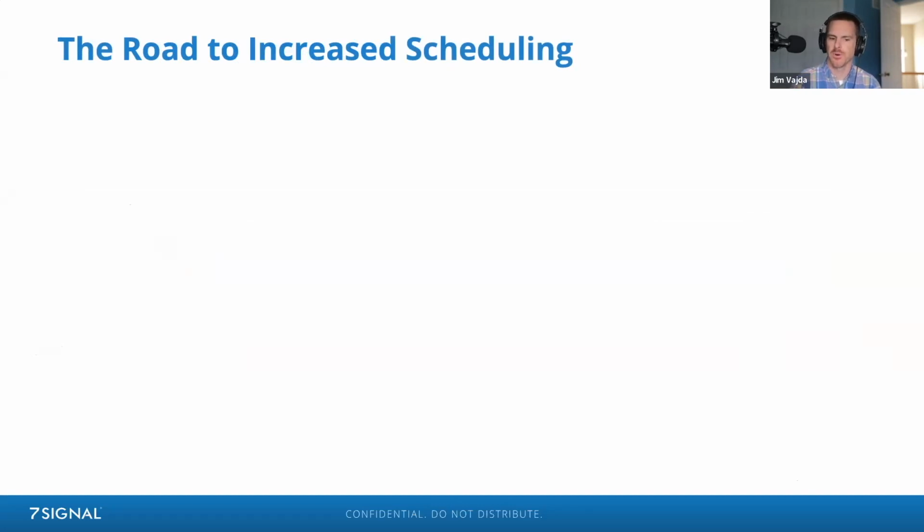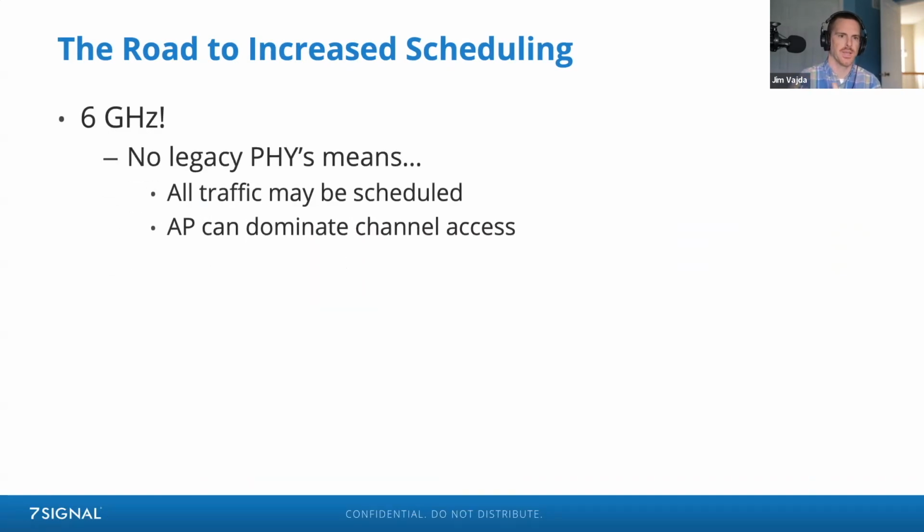I think we will see more OFDMA, and I think the most obvious place will be 6 gigahertz. 6 gigahertz benefits from having no legacy PHYs, no previous generations of Wi-Fi, so no legacy clients competing to win channel access with the AP. And so the AP can dominate channel access in 6 gigahertz. I'll explain how that can happen, since all the clients it's dealing with are 11ax.